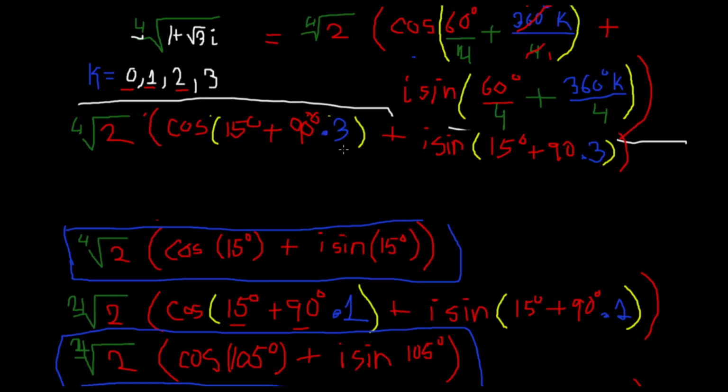Now we know 90 times 3 is 370 degrees. 370 plus 15 is 285.